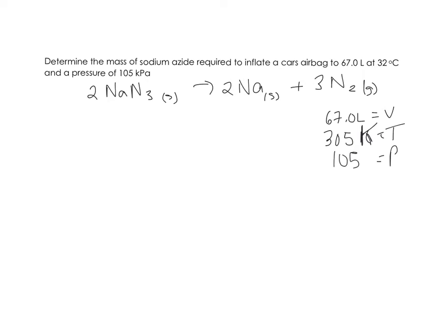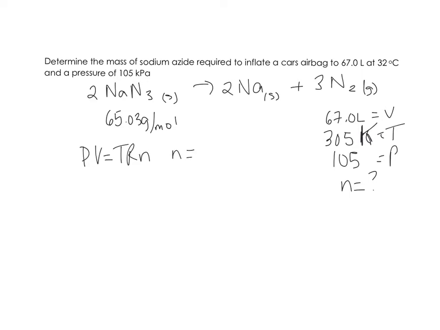We know our R value, so we can find the moles of nitrogen gas, use the mole ratio to figure out the moles of sodium azide, and the molar mass of sodium azide is 65.03 grams per mole.